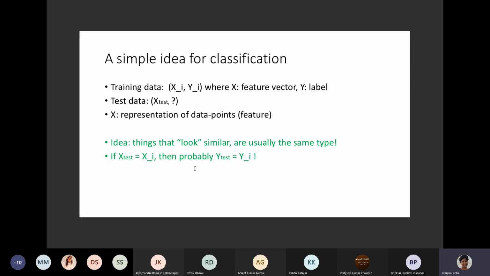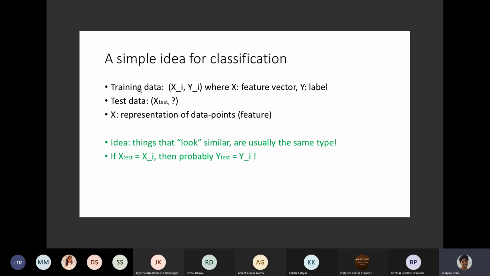So if we are going for the classification problem, say the discrete label space, what can be a simple idea? We have the training data set of xi, yi, where x is the feature vector and y is the label.